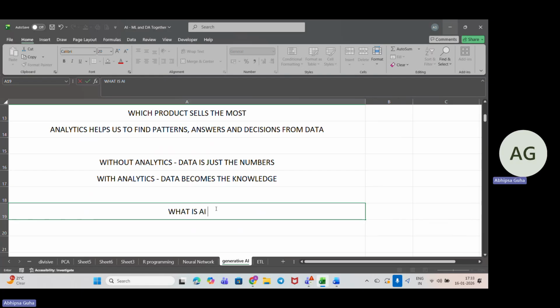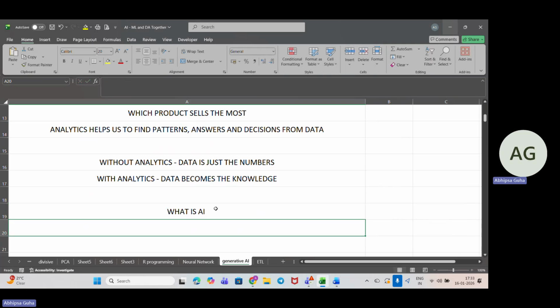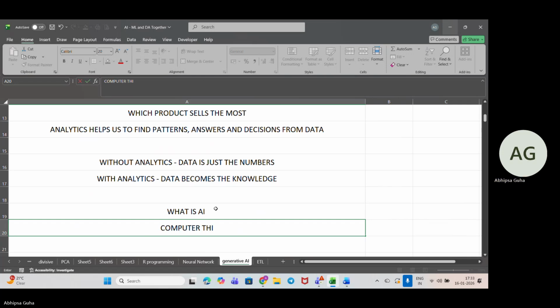Now, what is AI? AI makes computers think like humans.